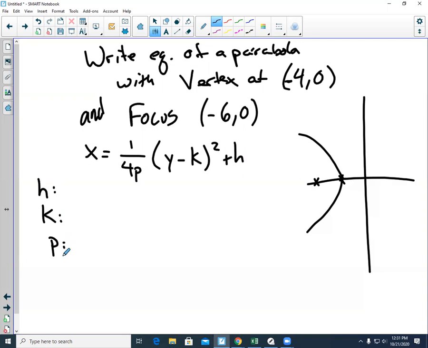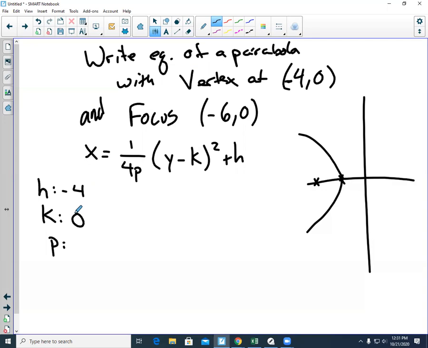So right now, from this, I can tell you what h and k are. I know that h is -4, and I know that k is going to be 0, right? And so now I'm going to try to figure out what p is. The only thing that has p in it is the focus, right?